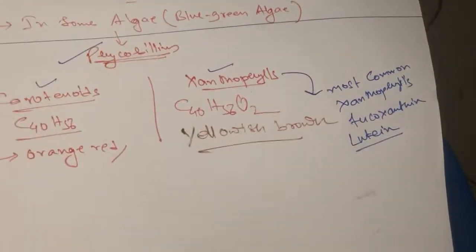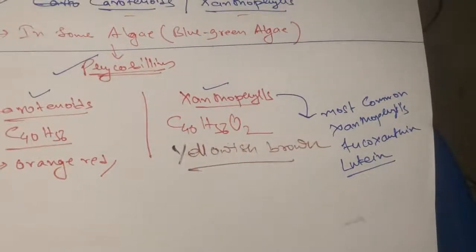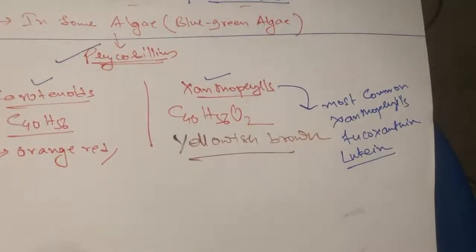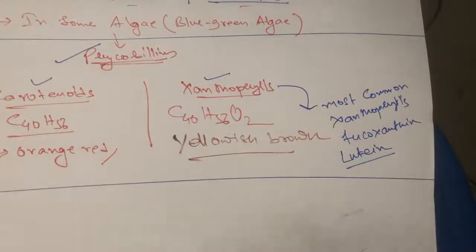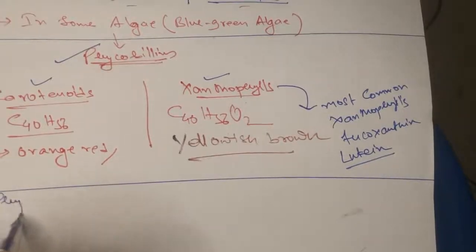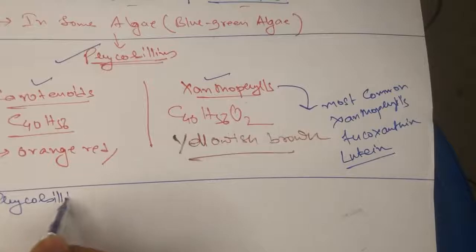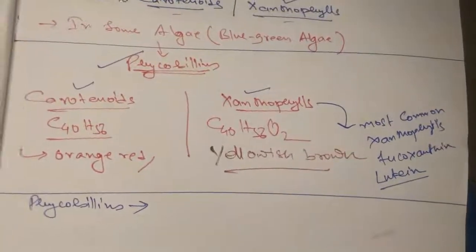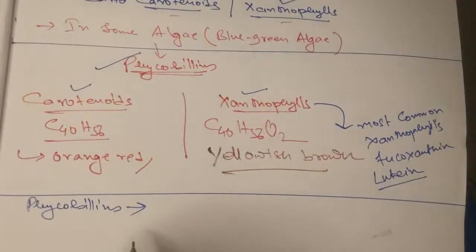Now, moving forward with our discussion, if I talk about phycobilins a little bit, the fact is that phycobilins are found in blue-green algae.